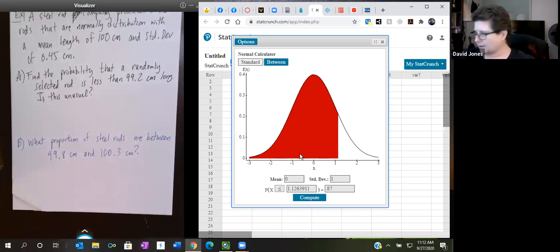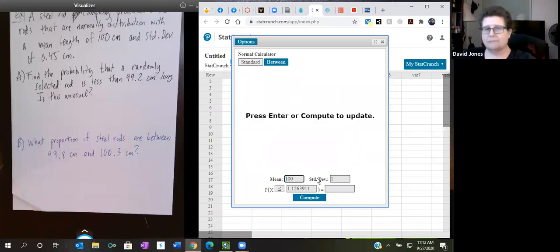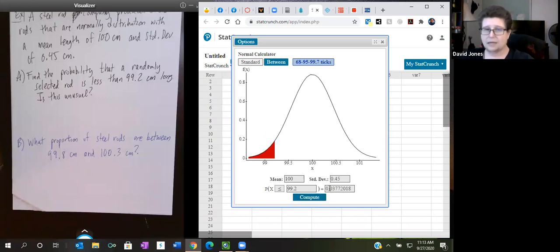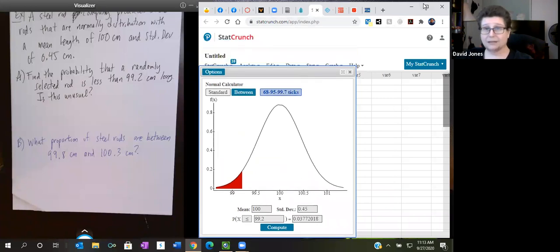So part A, in both cases, we need to enter in our mean length. We can't put in centimeters, so we just have to remember the results are in centimeters. Mean is 100 centimeters. Standard deviation is 0.45 centimeters. And I want the probability that a randomly selected rod is less than 99.2. Notice how once you put in a mean and standard deviation, it actually adds in the 68, 95, and 99.7 buttons.